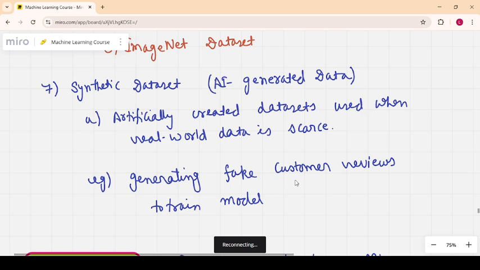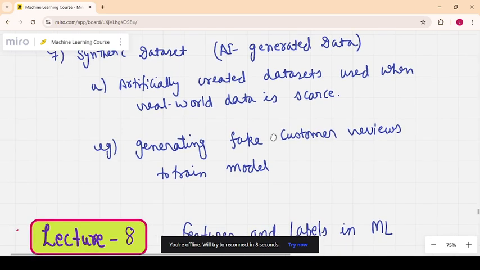For example, if you are building a customer review model and you have very few samples, you need to create fake customer review samples to train the model, so that it can perform better than the earlier model on an unseen data set. It becomes more generalizable. So synthetic data sets have become a need in our machine learning field because data sets are very difficult to get, so we need to create them.